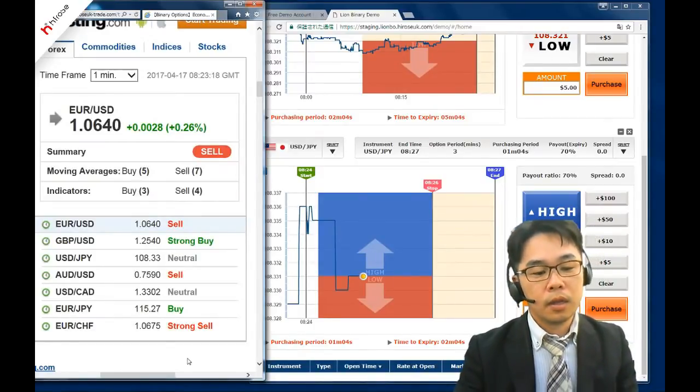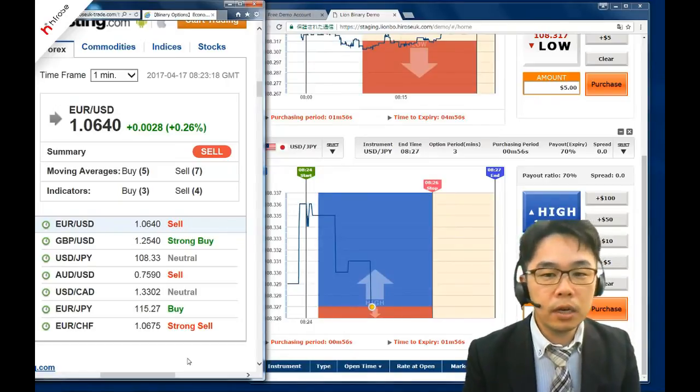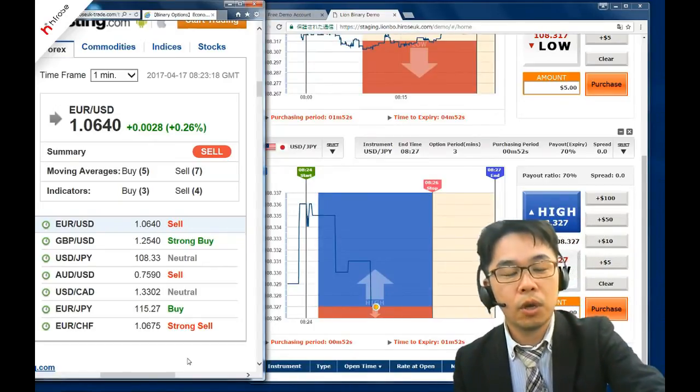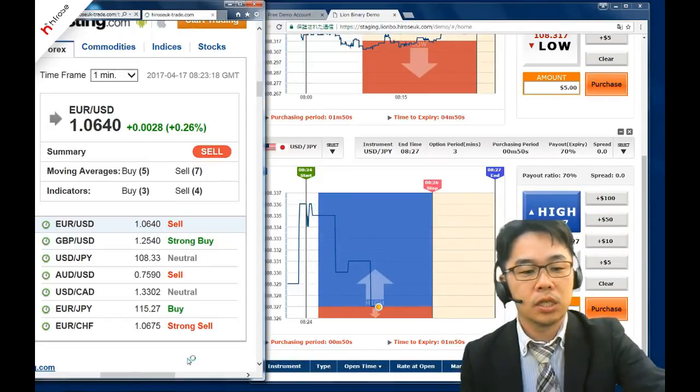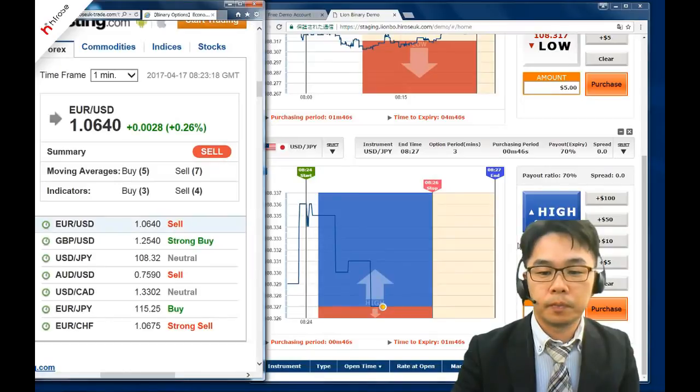Okay. If you press F5 on your keyboard, it can refresh the signal page. It refreshes automatically, but I like to press F5 to manually refresh the page because I want the right moment.